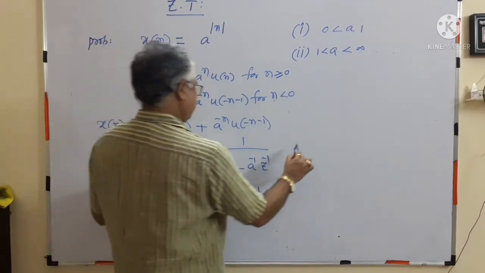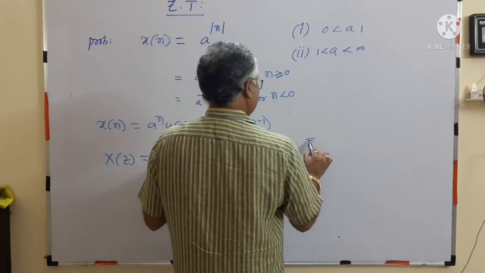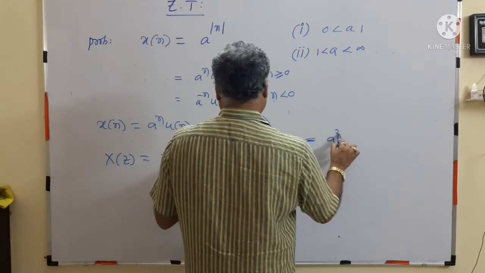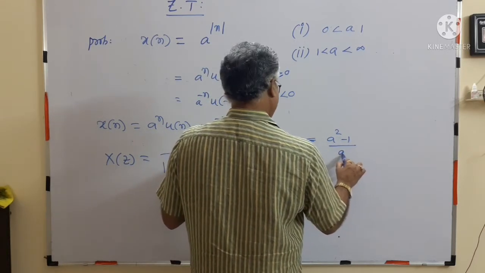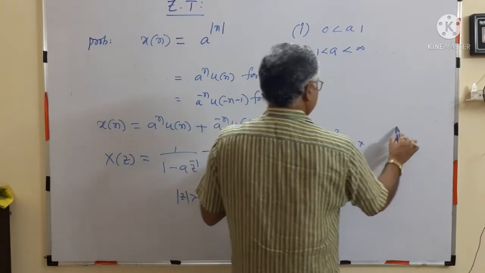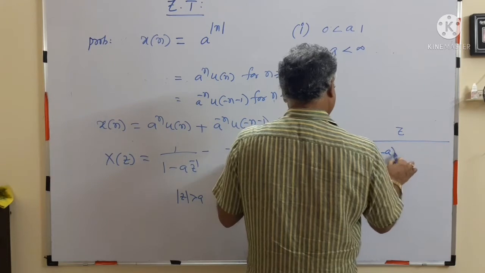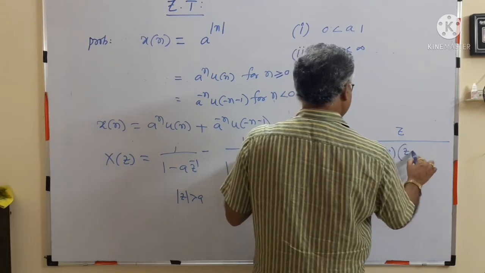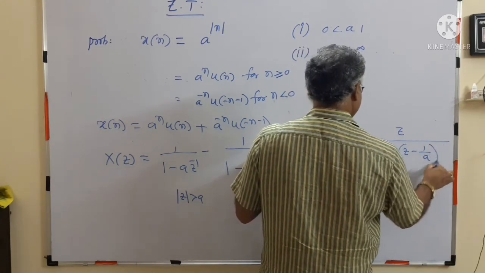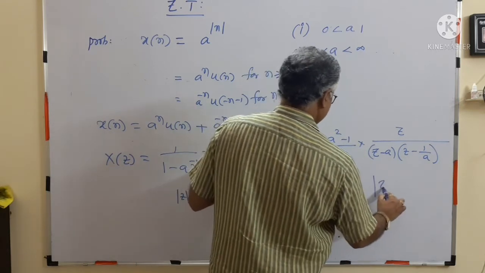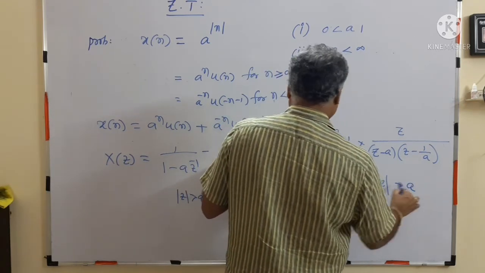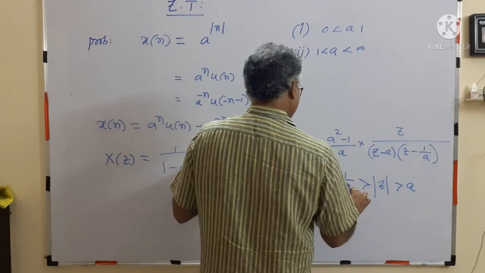So simplify this, the answer is a square minus 1 by a, z by z minus a, z minus 1 by a. And what is the ROC? Mod z greater than a, less than 1 by a.